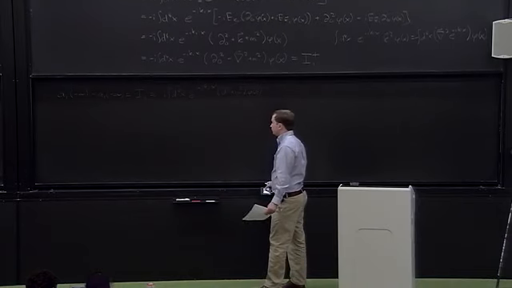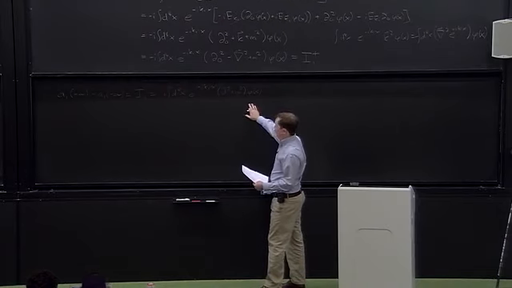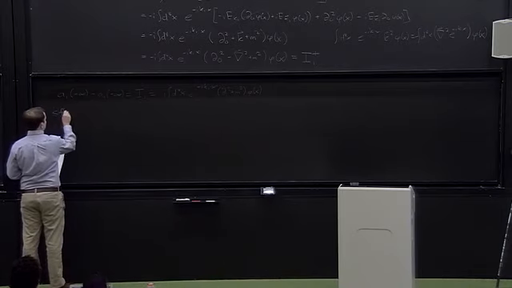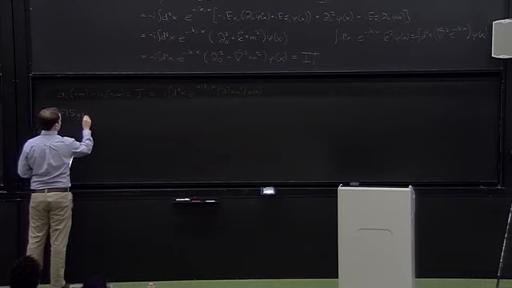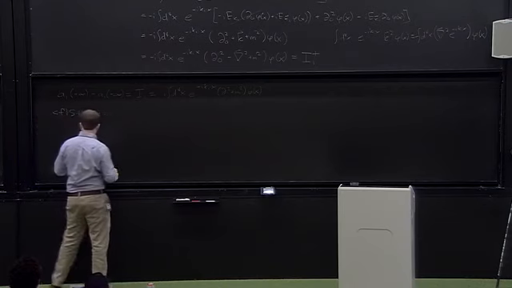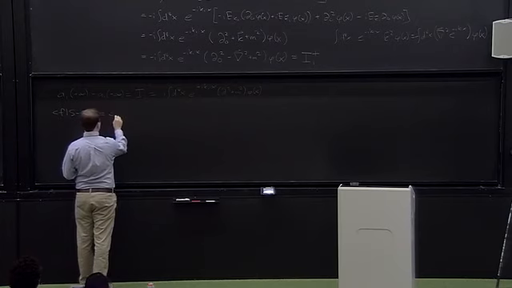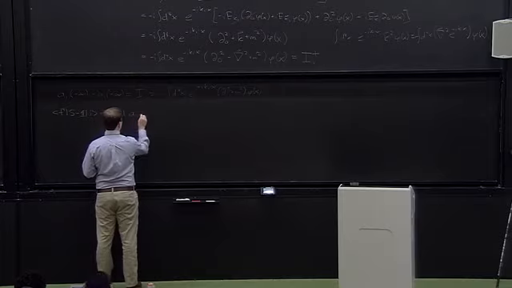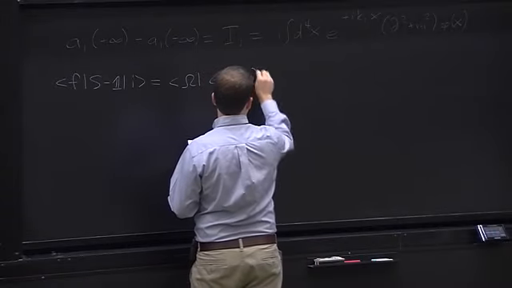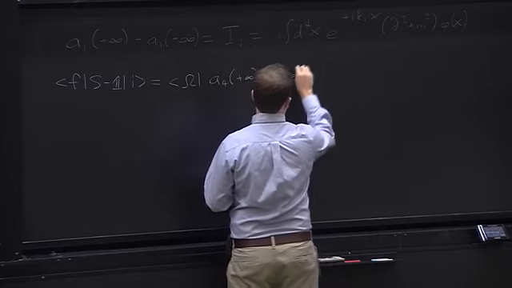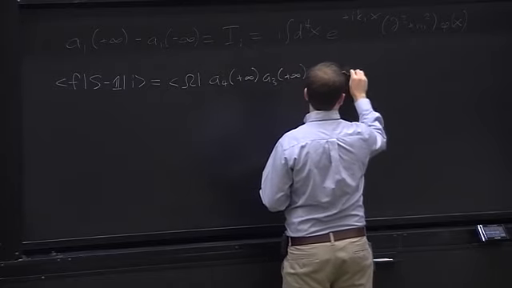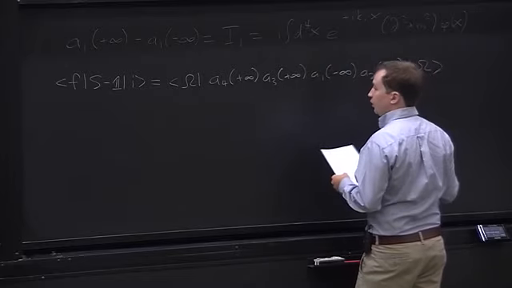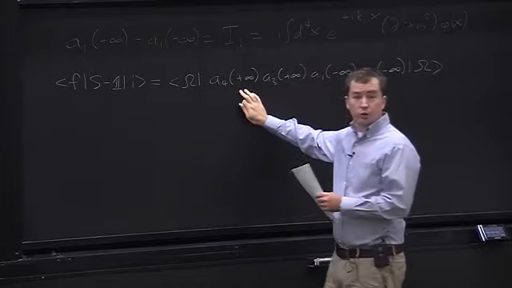And so we can then use these identities and plug them into our expression for the scattering amplitude. And we get, so this is A4 plus infinity, 3 of plus infinity, A1 minus infinity, 2 of minus infinity, omega, which is already time ordered.